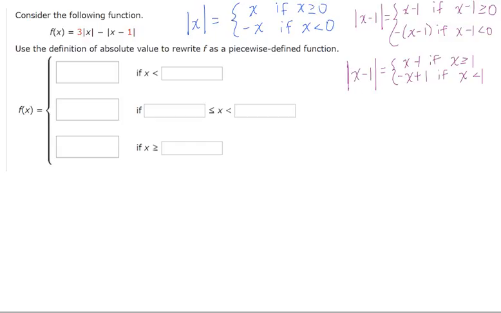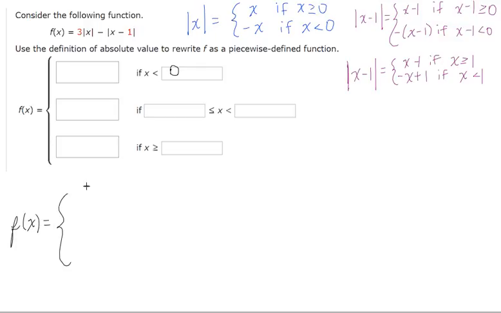So putting it all together, okay, we will have, actually we don't need to rewrite it here. We'll have, let's see, if x is less than 0, let's start with that. So if x is less than 0, then absolute value of x is defined by negative x. Actually, no, we will want to write it down here.